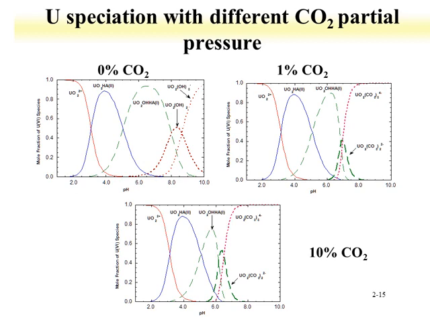What we see is that as the CO2 partial pressure goes up, the carbonate becomes more dominant at earlier pHs, and the overall concentration of other species are impacted. For instance, this mixed uranium hydroxy humic acid species seems to be impacted by the level of carbonate because it's competing for carbonate speciation around the same pH.